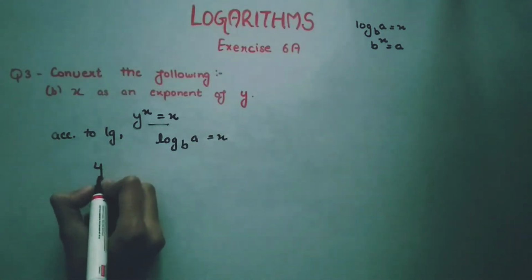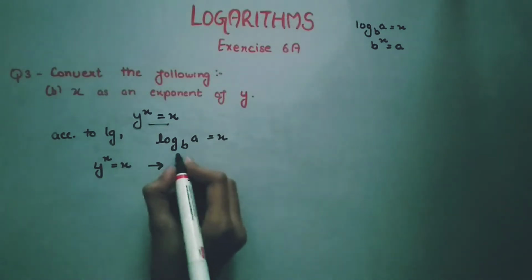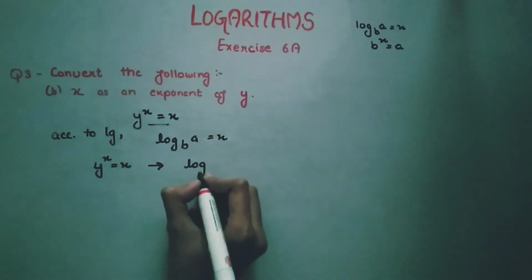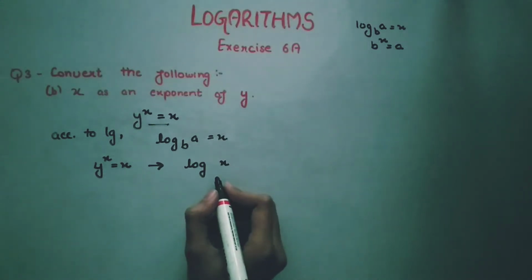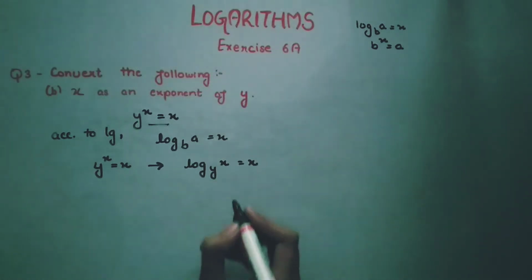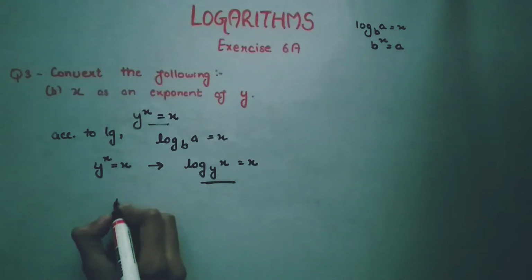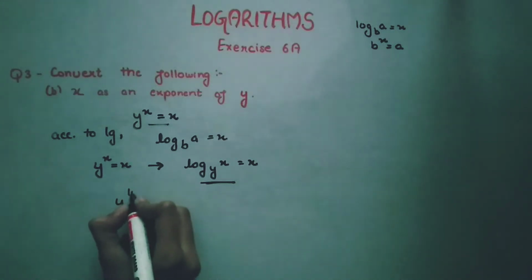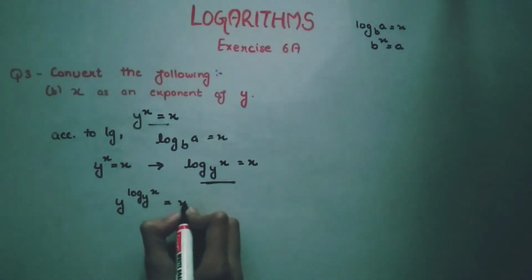So this equation, y raised to power x equal to x, will be changed into the logarithm form as log of a, that is x, to the base y, which is equal to x. Now this is the value of x which we will put in this equation, y raised to power log of x to base y, which is equal to x.